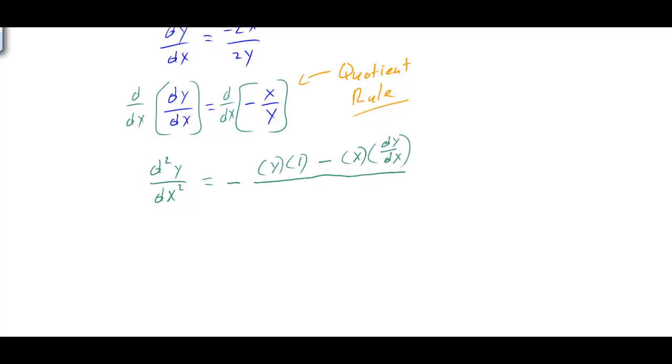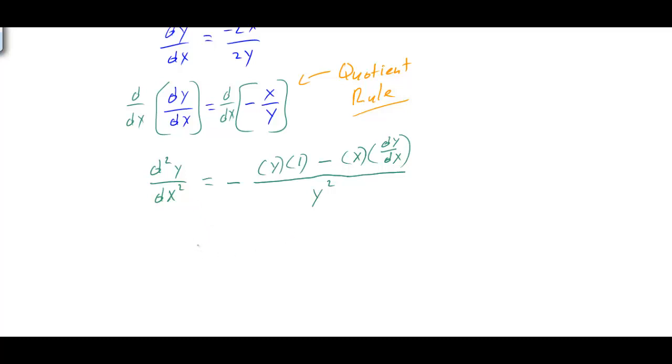Remember, the derivative of y would be 1, and then we have to take the derivative of y, the chain rule, so that's dy dx. And the quotient rule says all of this is divided by the bottom squared, so we end up with y squared on the bottom.